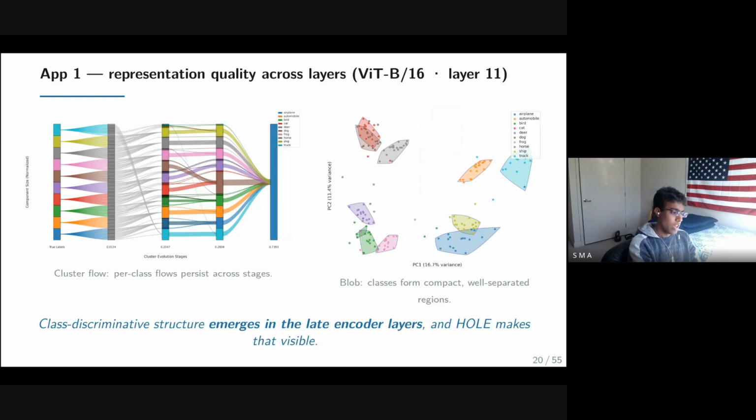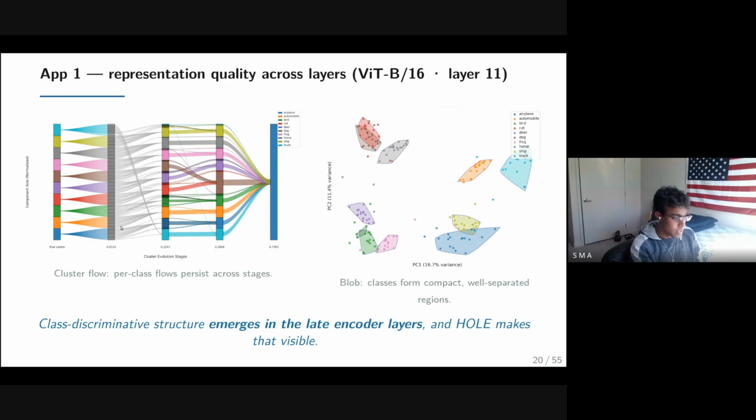But when you move deeper into the network, you see that there are clusters being formed. Of course, there are still noisy data points out there, and there are clusters with outliers. There are clusters which are not homogeneous, but you can still see that the clusters form across the filtration process. You have your true labels, and they all end up being part of a single cluster.